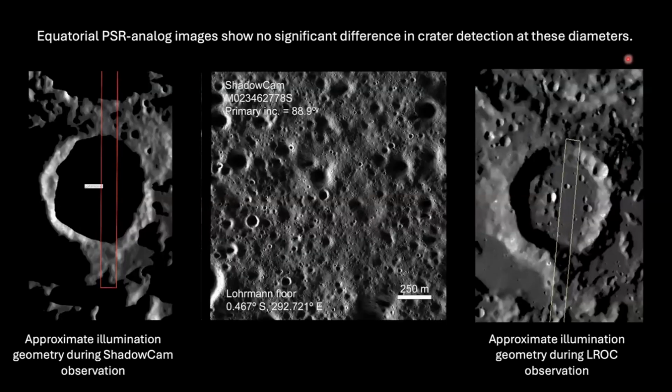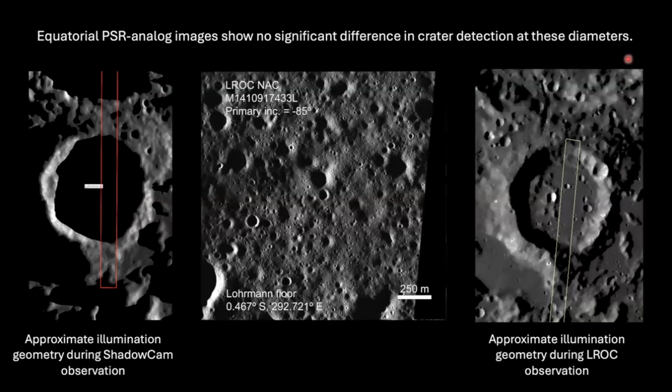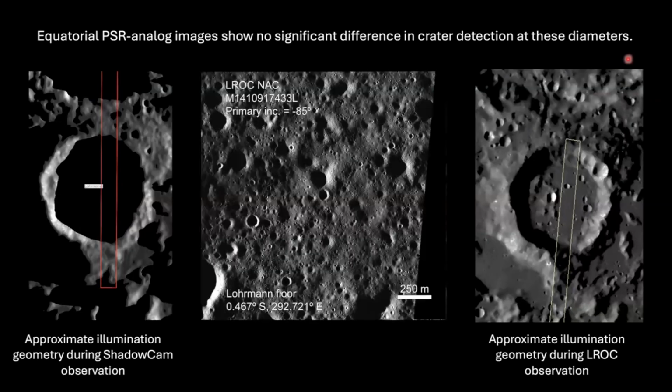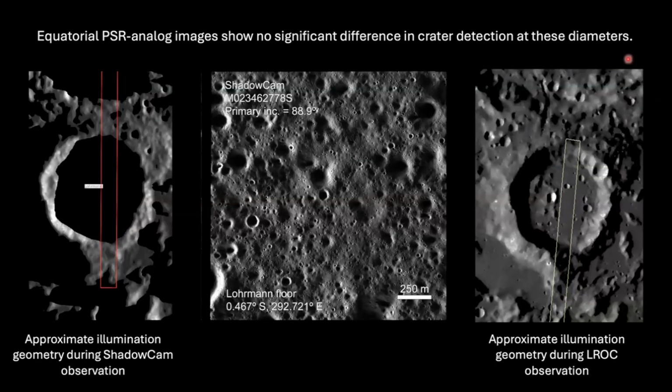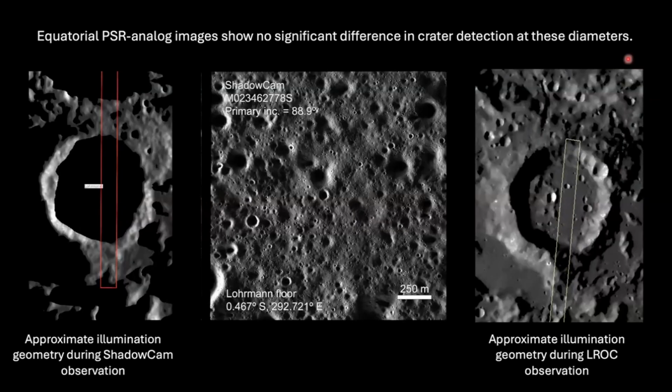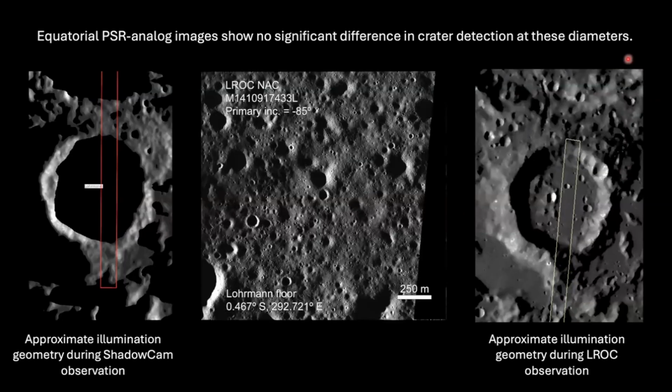One of the questions we kept asking is, we're looking at these craters under secondary illumination, scattered light from the host crater rim of that PSR. So maybe this is an effect of illumination where that scattered light makes really shallow depressions more visible, and maybe these shallow craters exist everywhere, and it's just a function of illumination, which is kind of the opposite of what I would expect, but we wanted to look at it anyway.